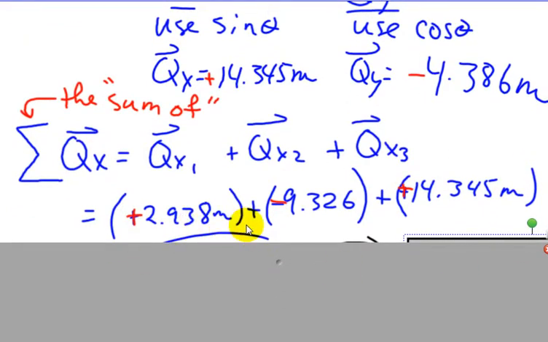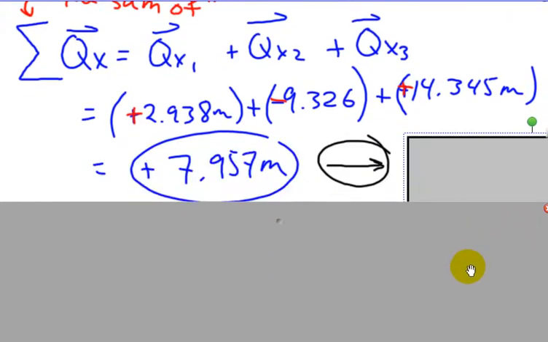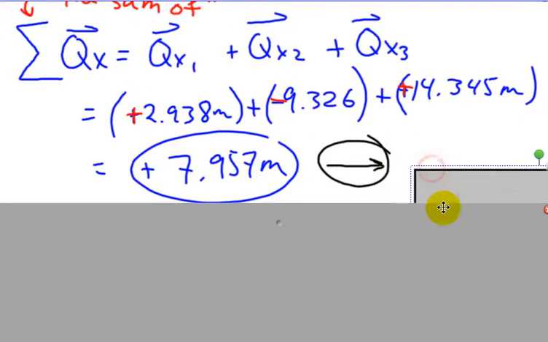Positive 2.938 combined with a negative 9.326 combined with a positive 14.345, and I get positive 7.957. So overall, after those three movements, we end up going 7.957 meters to the right.